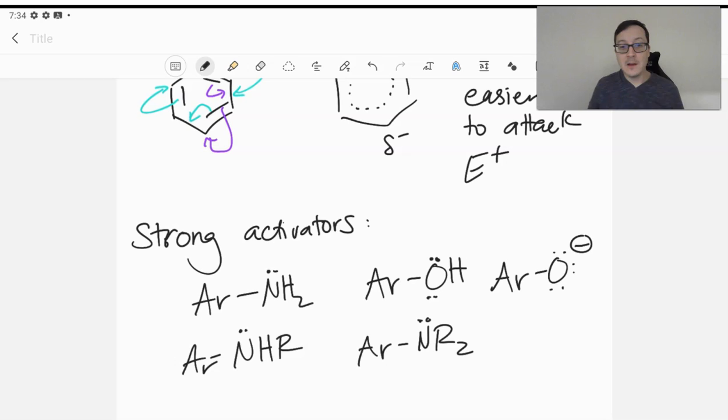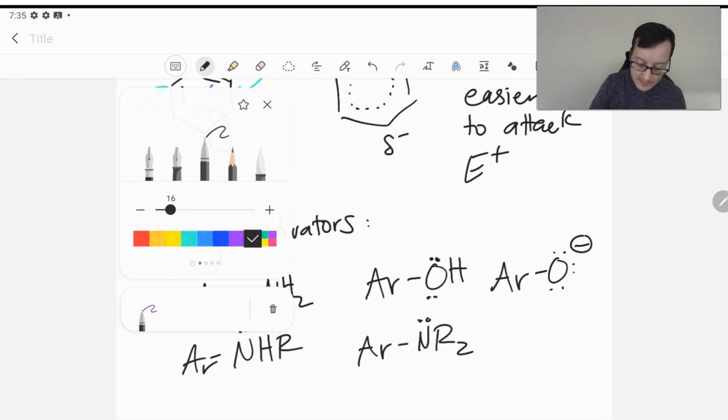So these things are very strong. They make your benzene very reactive towards electrophilic aromatic substitution. And notice all of these have a lone pair that is fully able to resonate into the benzene. There's no other resonance happening here. They all have the capacity to fully donate in.